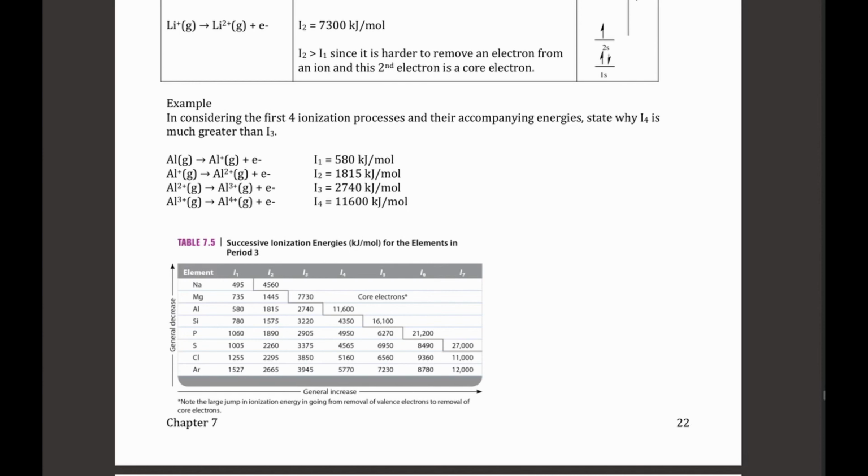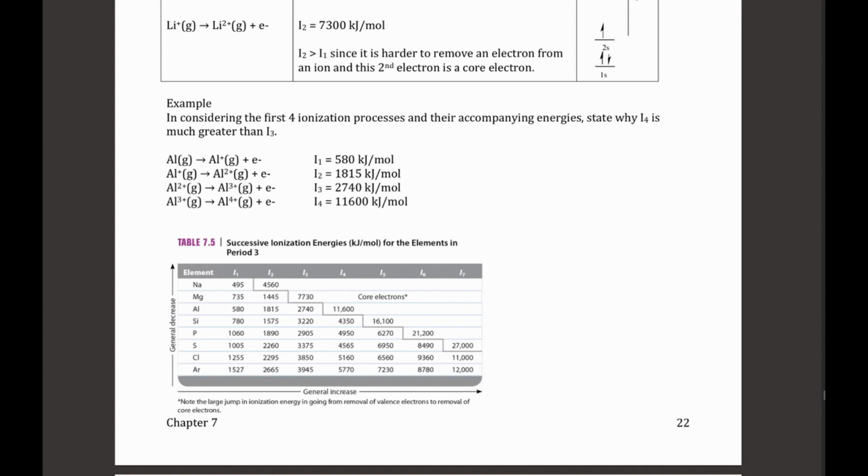If we go from 2 plus to 3 plus, the I3 goes up because again we're taking yet another electron from an already positively charged substance, in fact a 2 plus charged substance. But when we go from Al3 plus to Al4 plus, we see a huge extra amount of energy required. That has to do with the fact that that fourth electron is being removed and is a core electron.